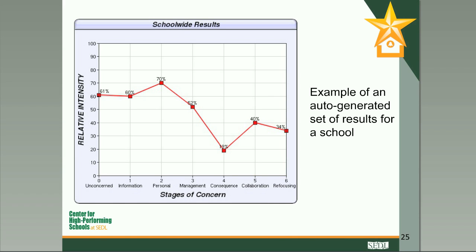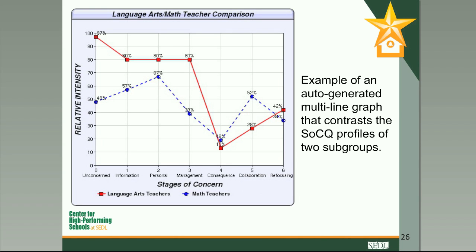Using the SoCQ Online, you can also see single-line graphs for each individual participant, so you can see individuals' concerns. Now I'd like to talk about viewing slices of the data. If you customize your SoCQ Online by adding a subgroup question, such as, what subject do you teach, language arts or math?